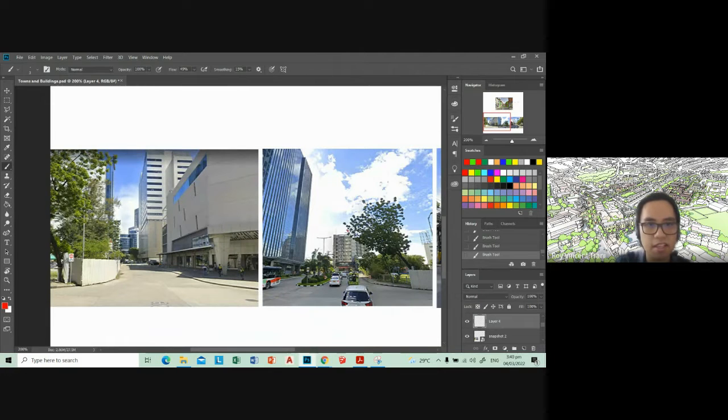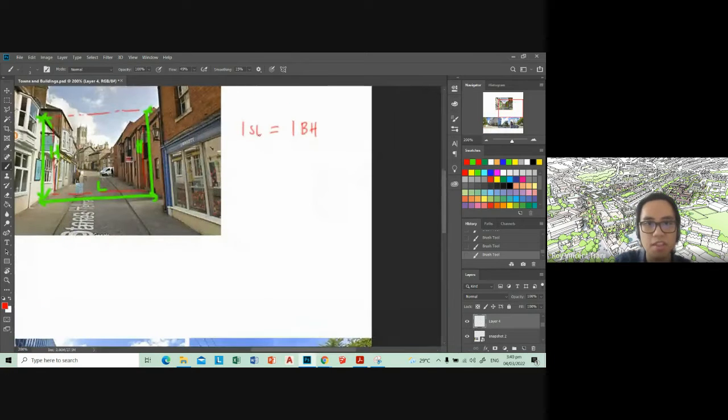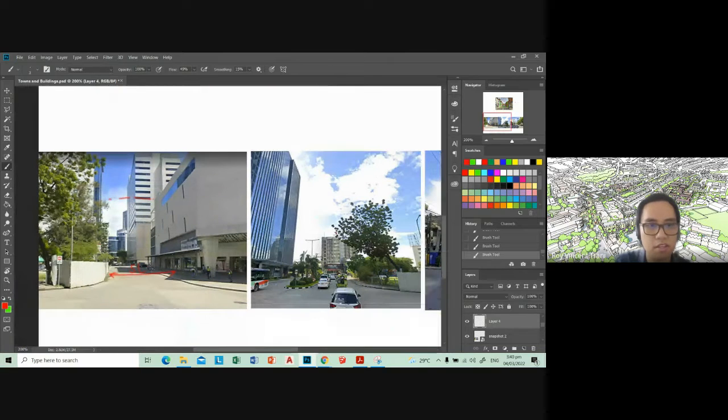So notice that this is the building height here. This is the street width over here. Why do I call it length? I mean width, W. So going across, street width, and then BH, the building height.